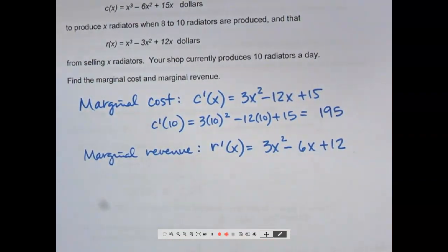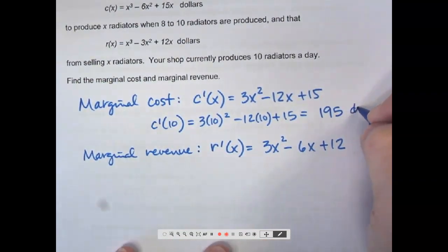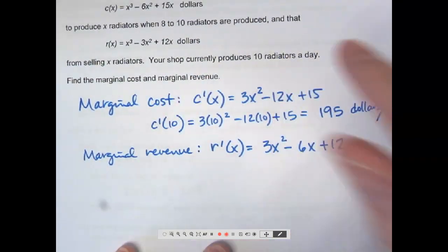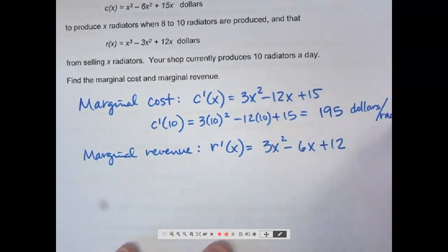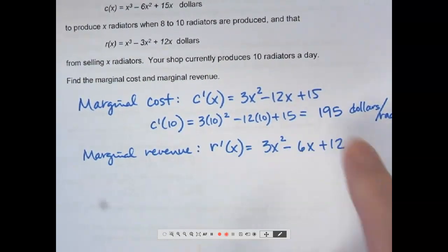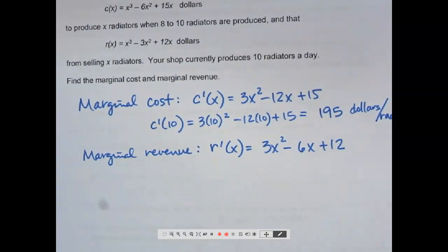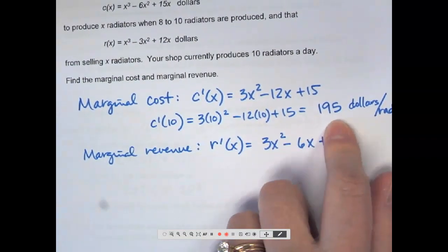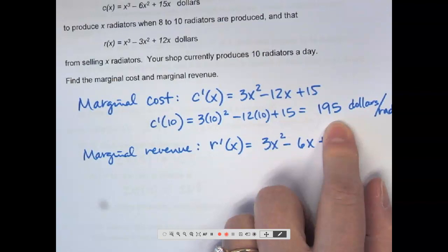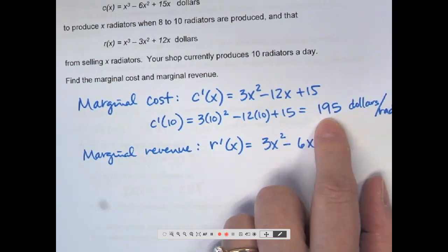So cost is in dollars, right, per what am I producing? Radiators. Is it a good thing that my cost is positive, that the rate of change is positive? Not necessarily. That means that when I'm producing 10 radiators, it's costing me almost $200 more per radiator. It's positive. What if it was negative? That'd be good news. It means my cost is coming down.